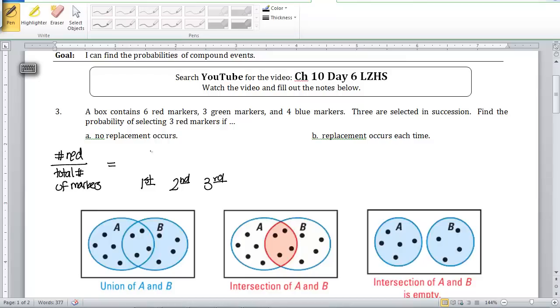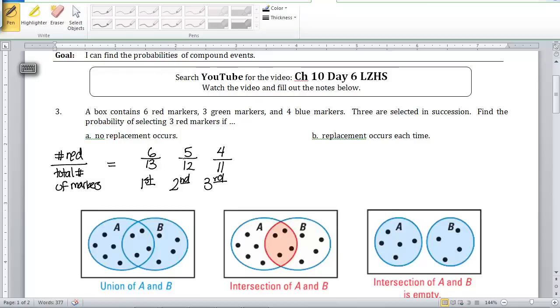The first time, there would be 6 red markers out of a total 6 plus 3 plus 4, which would be 13. The second time, I've already taken 1 red marker. Now there's only 5. And keep in mind, we took away 1 marker from the total, so there's only 12. The third draw, there's only 4 red markers and 11 total.